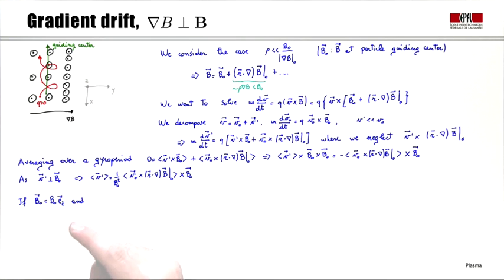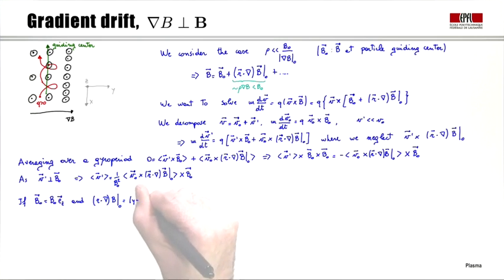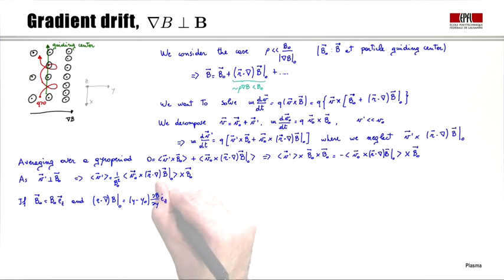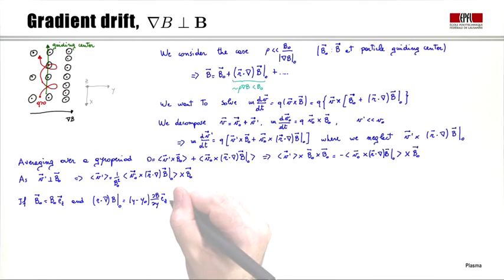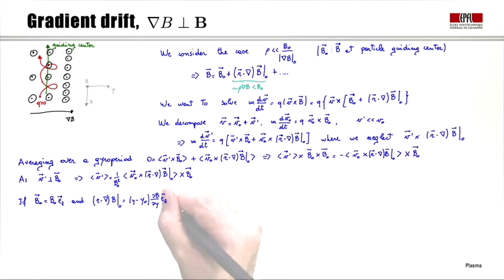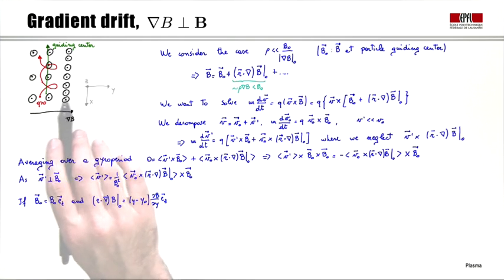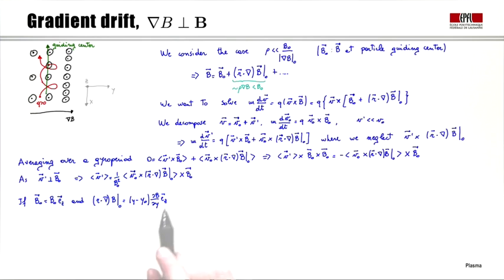More precisely, taking into account that the derivative is only in the y direction, it is given by the derivative of B along y times the difference of the particle position along y with respect to the guiding center, which is located at y0.